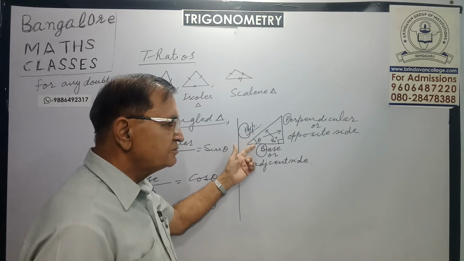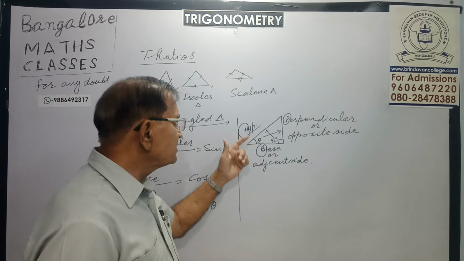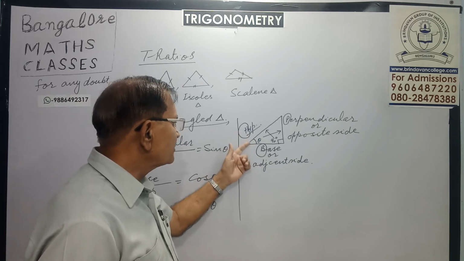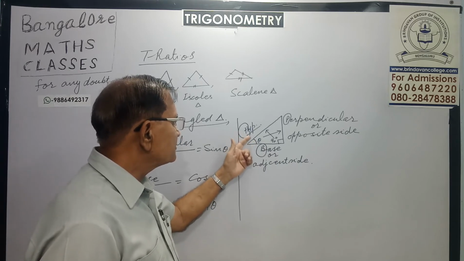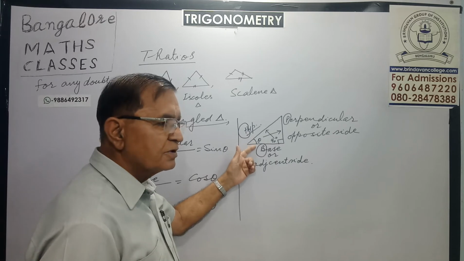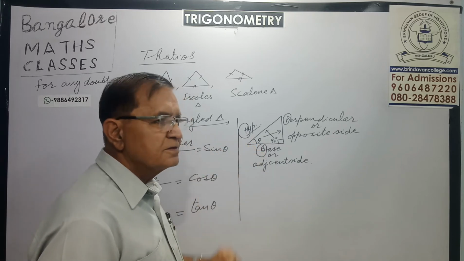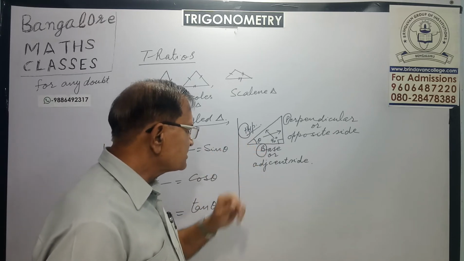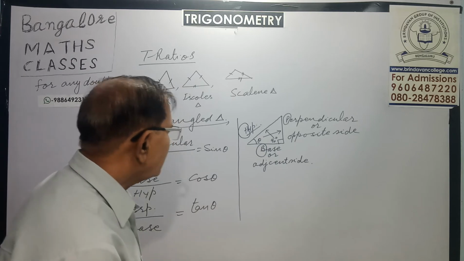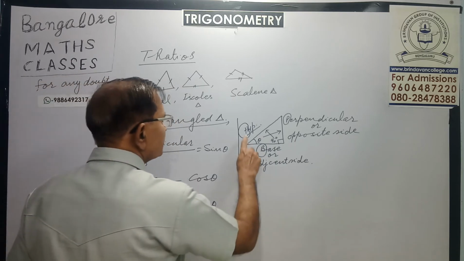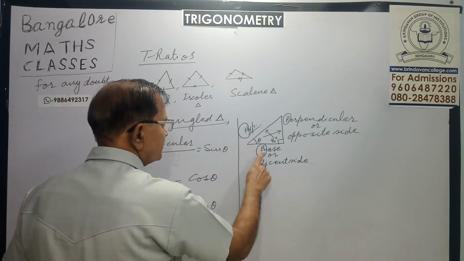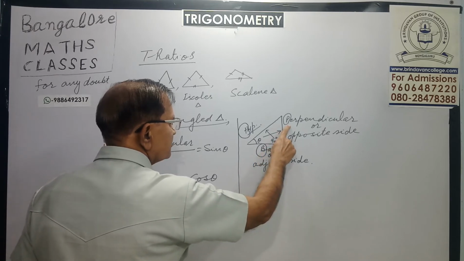The third side which makes angle theta with hypotenuse, we call it as base or adjacent side. So I am considering the sides H for hypotenuse, B for base, P for perpendicular.